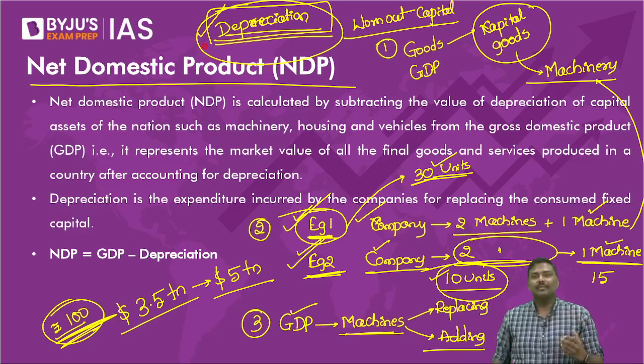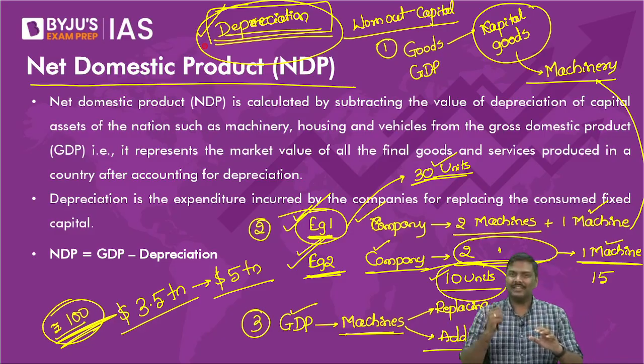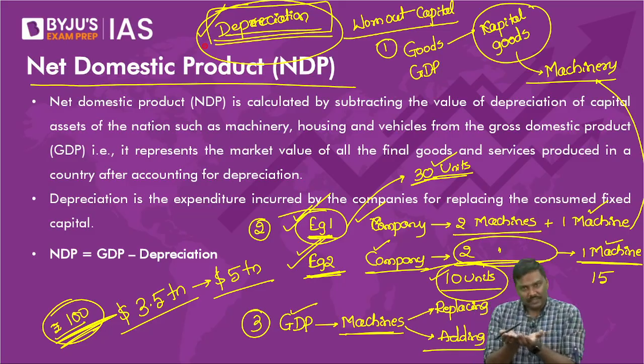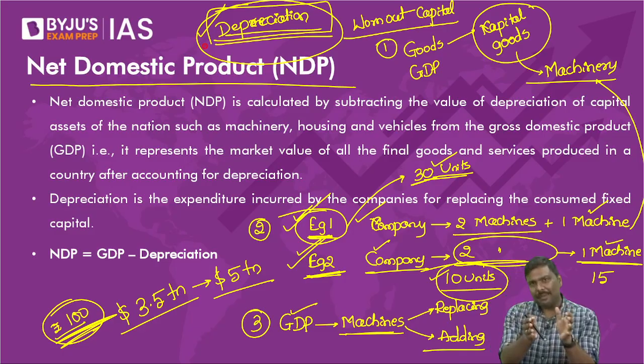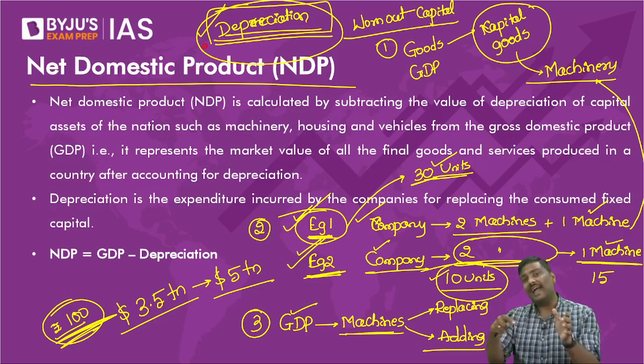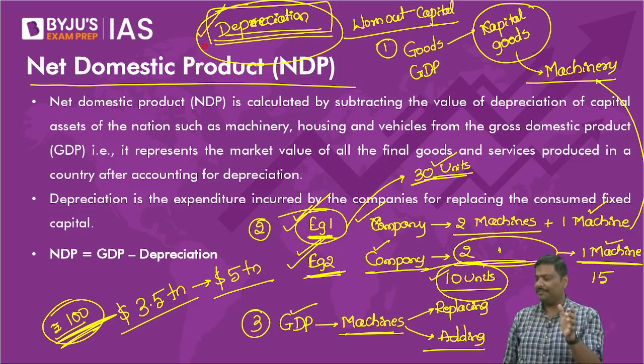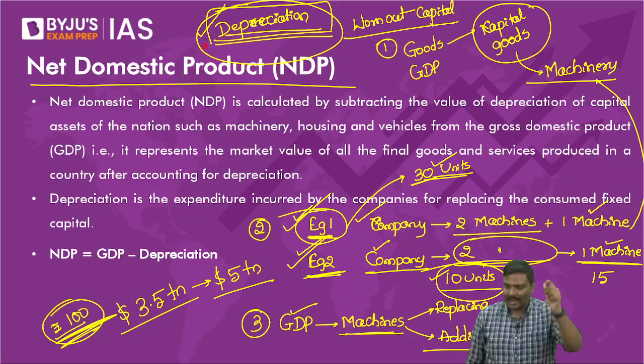Can I put it in a statement like this? If the depreciation is very high, it simply means a large part of GDP, let's say capital machinery, is used for replacing the machinery, not for addition to the existing capital. I'll repeat the statement.